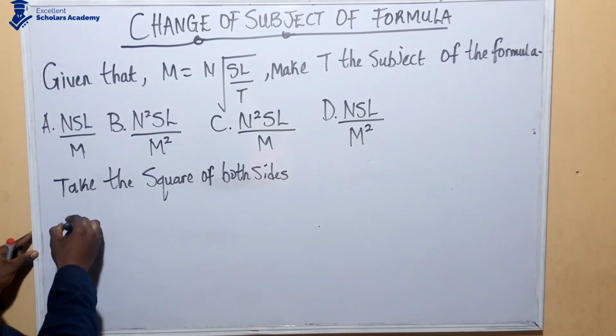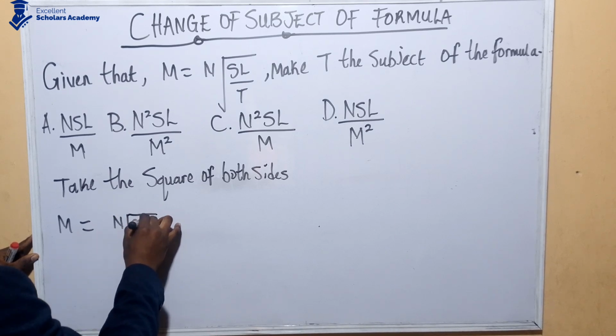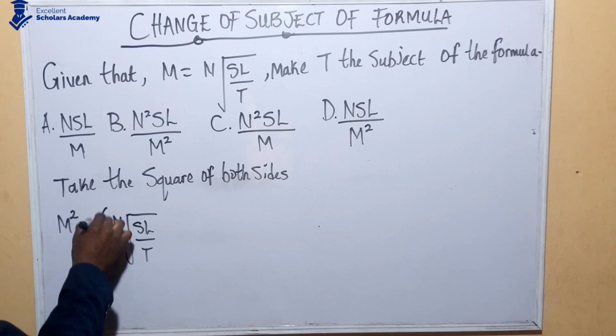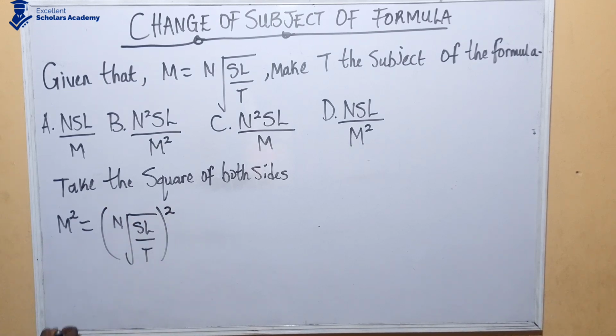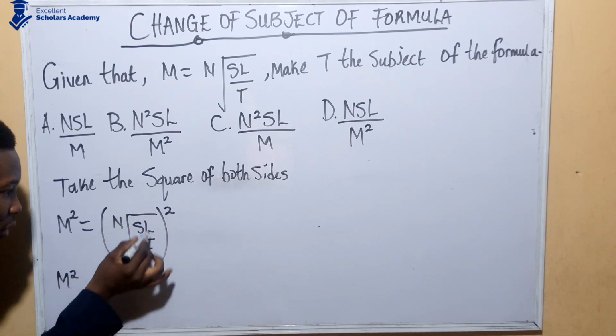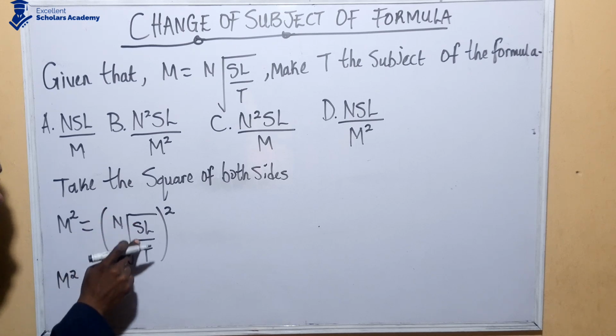So when you do that, you have M is equal to N square root of SL over T. When you take the square of both sides, M squared is equal to, now this square affects N, because N is not under the square root.